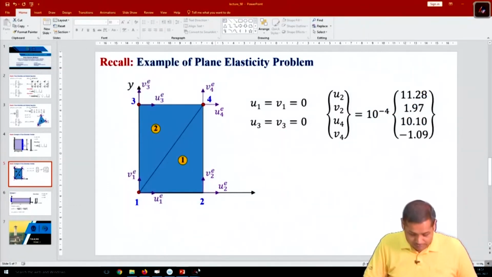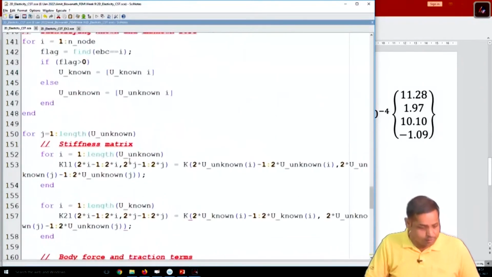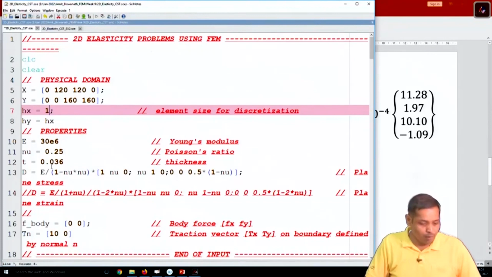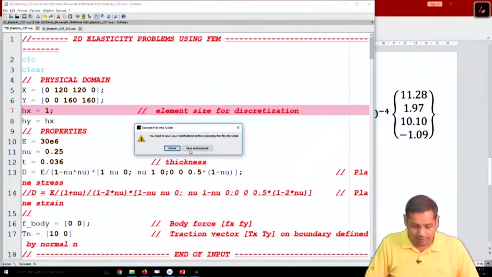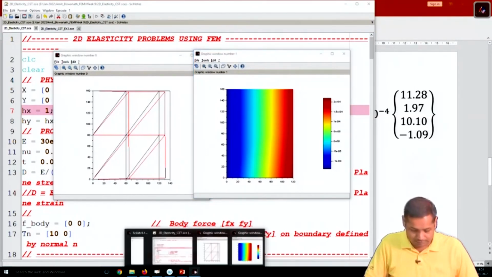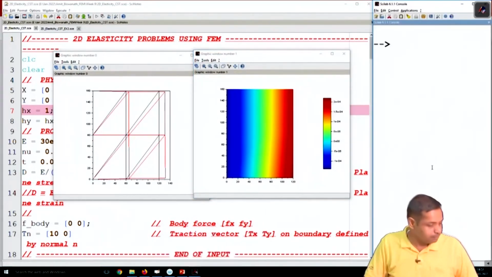So close it. Let us make it one element, refine it. So this will be our element, and these will be our results.